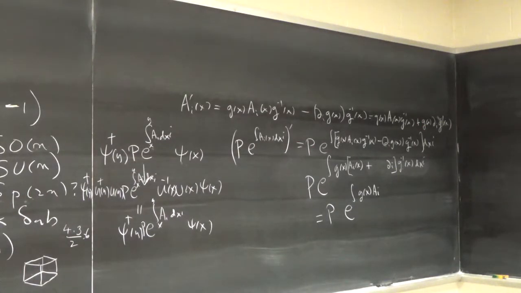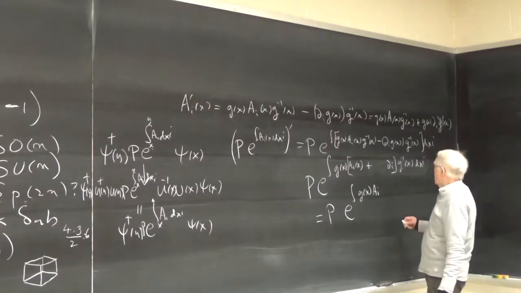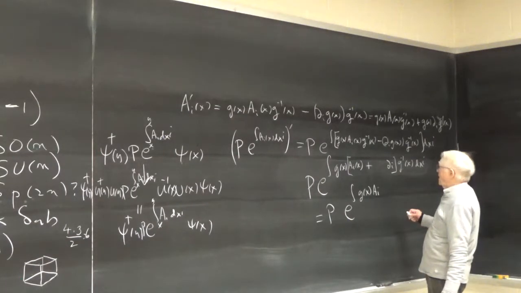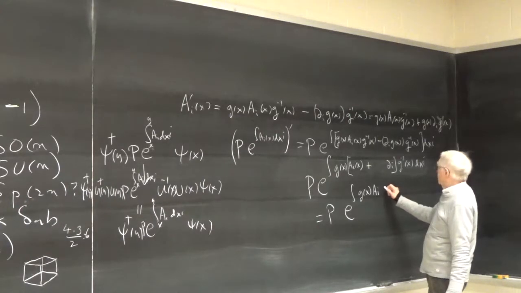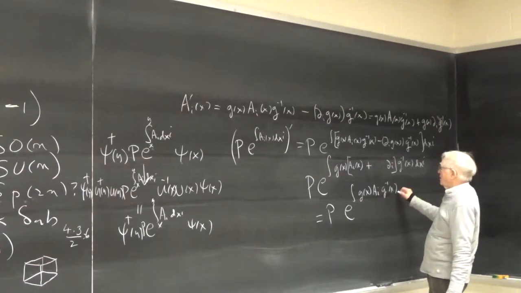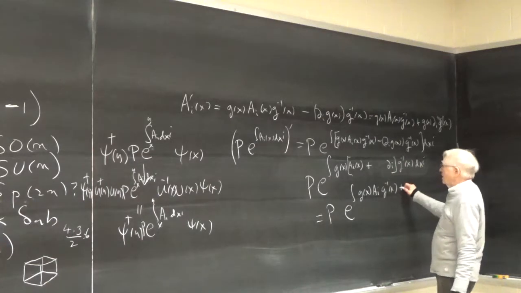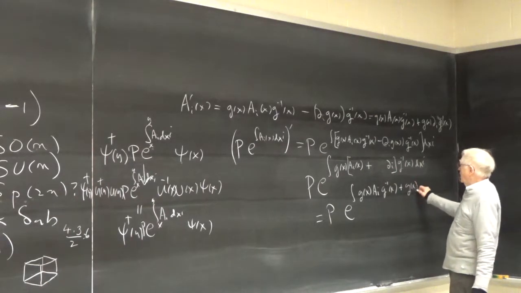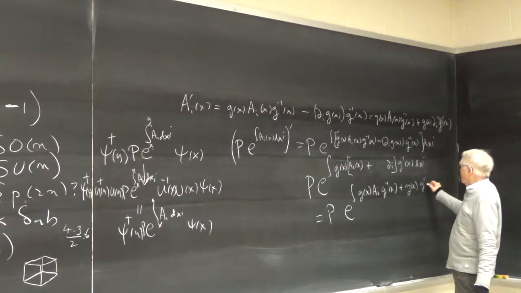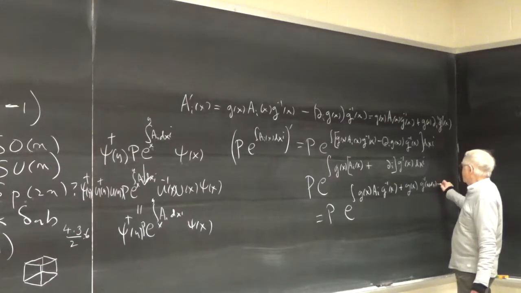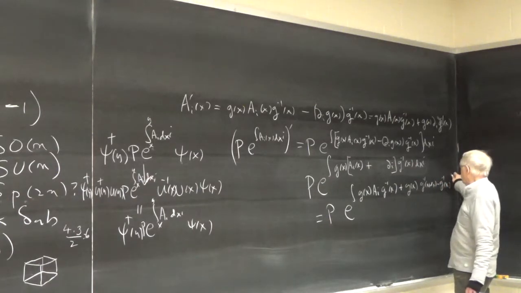And so this is g inverse of x plus dx minus g inverse of x, right?